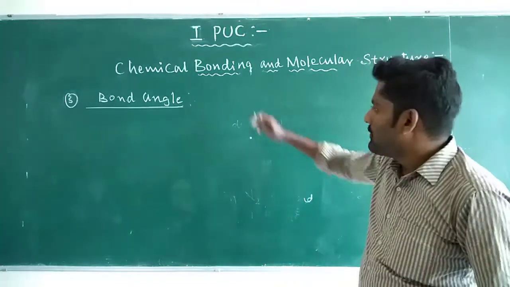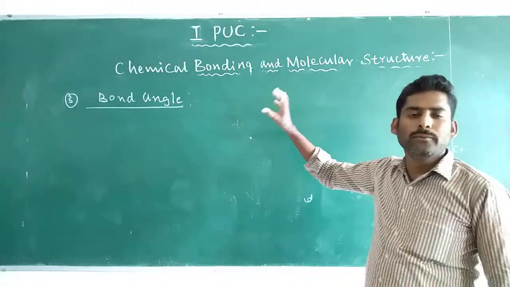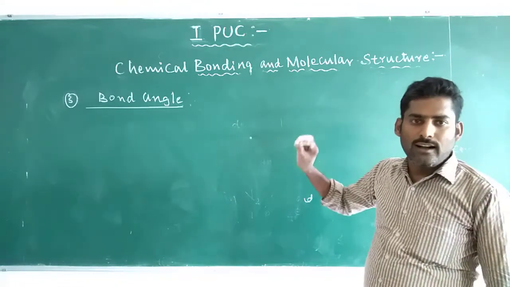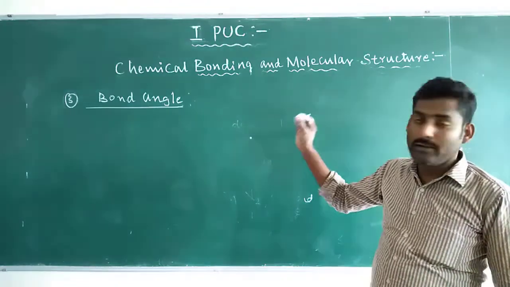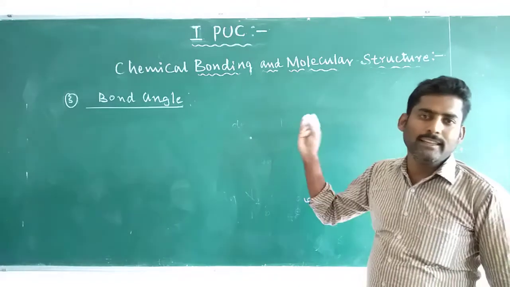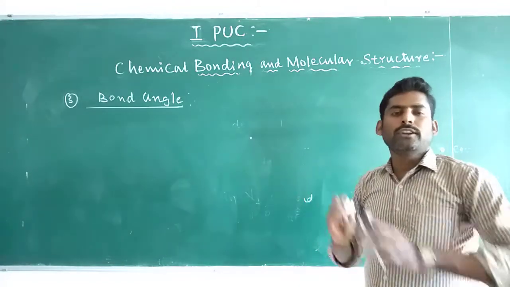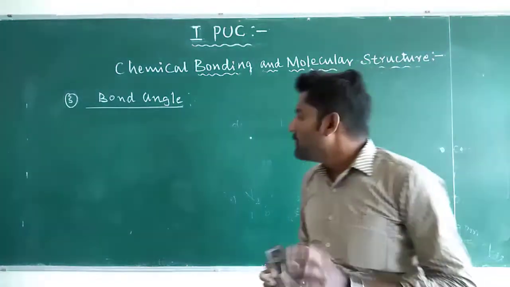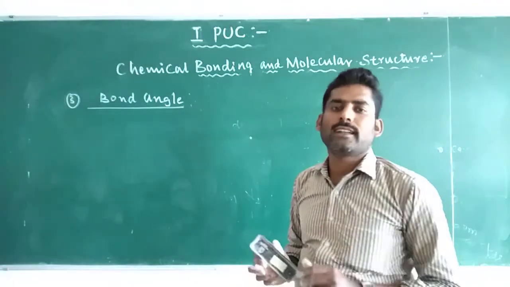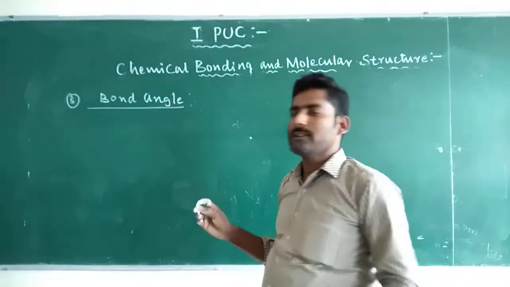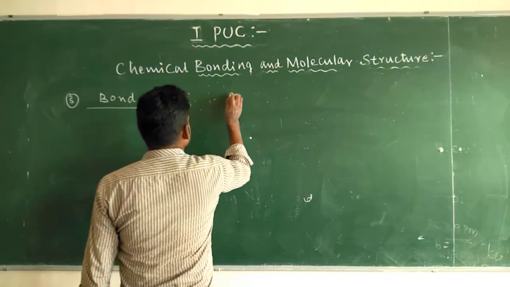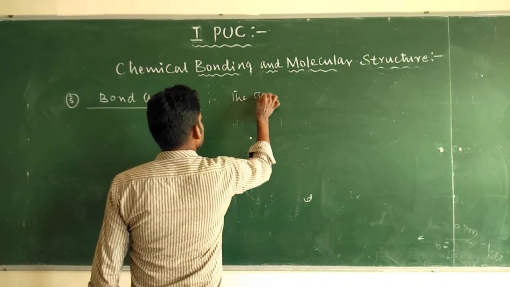So bond angle means the angle between the orbitals.